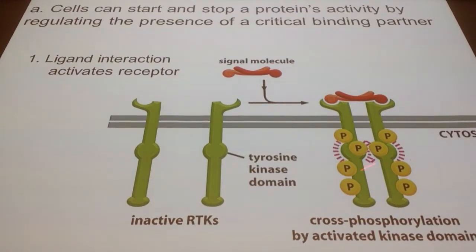It just happens that this phosphorylated dimer is also a kinase that phosphorylates other proteins. We'll look at this pathway a lot closer later on. So we call this, there has to be a critical binding partner to get everything jump-started.